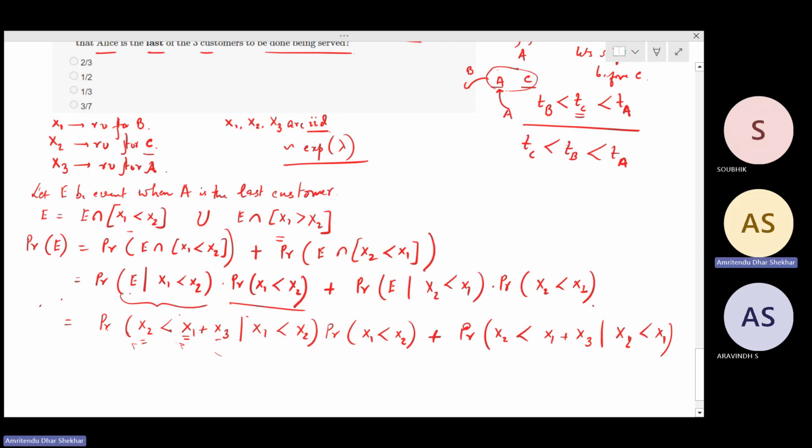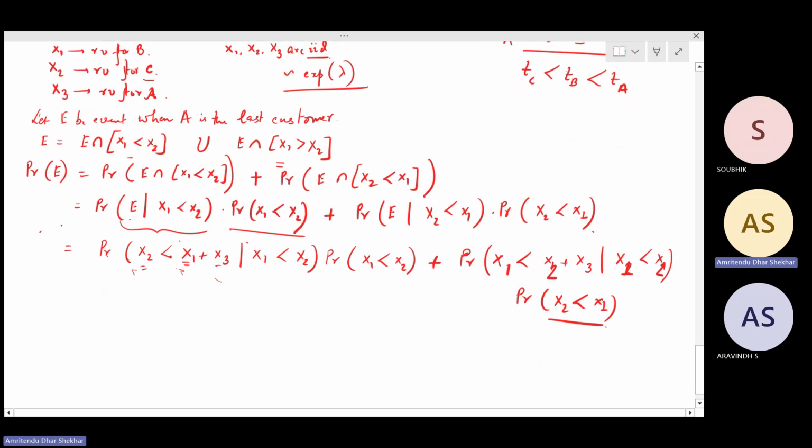Oh, sorry, I've written the same thing. It's just switching x1 and x2 in this thing. Probability of x2 less than x1.